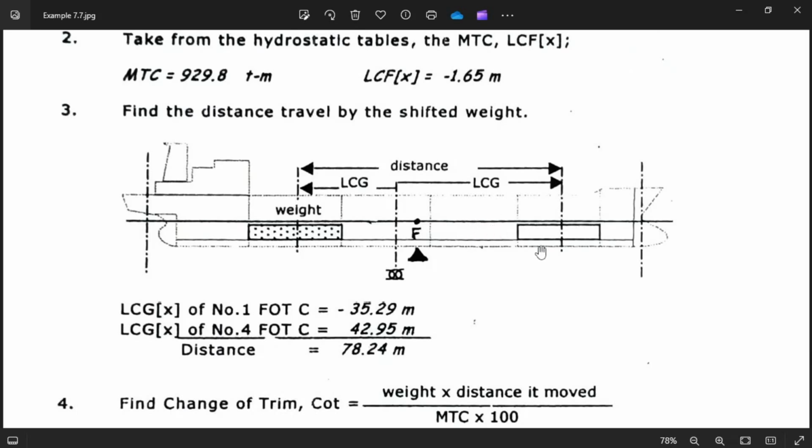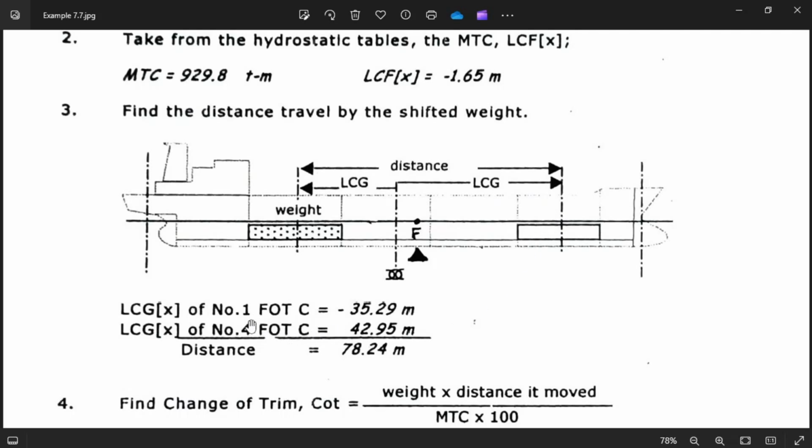Okay. Again, the LCG of FOT tank number one is measured from amidship, or from the middle of the vessel, going forward to the middle of the tank. So this will be your LCG of FOT tank number one.